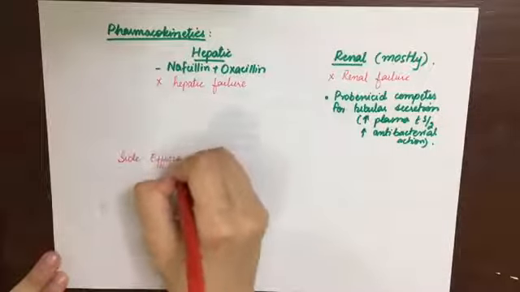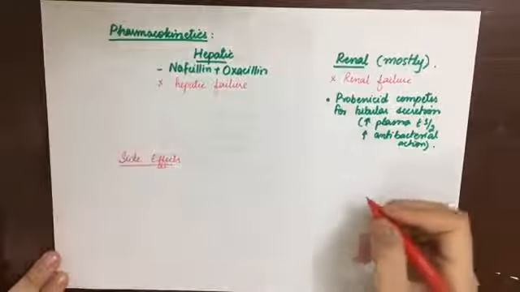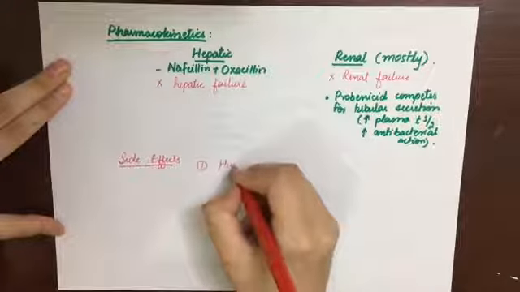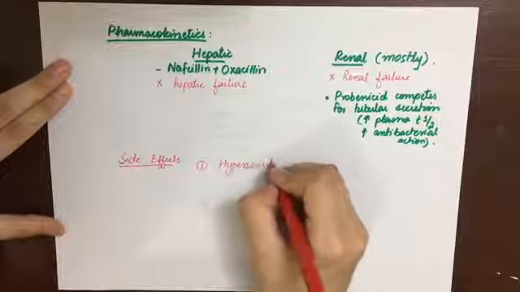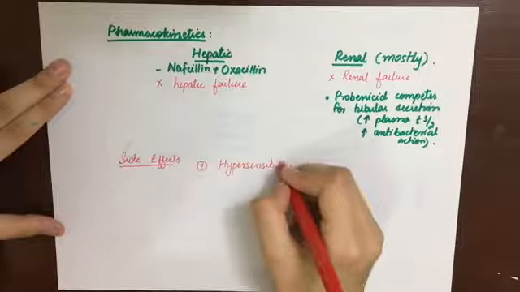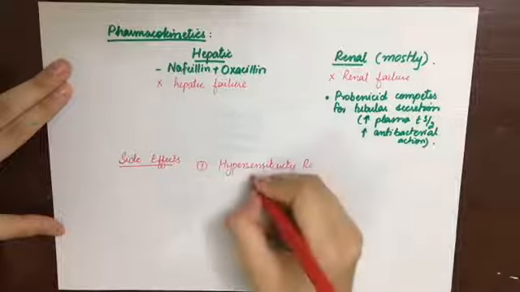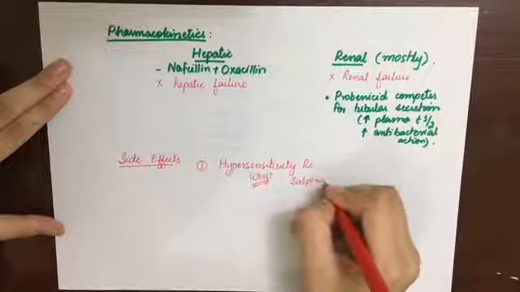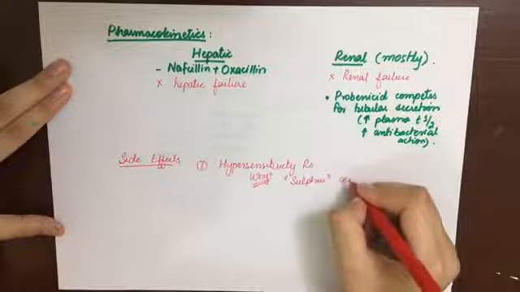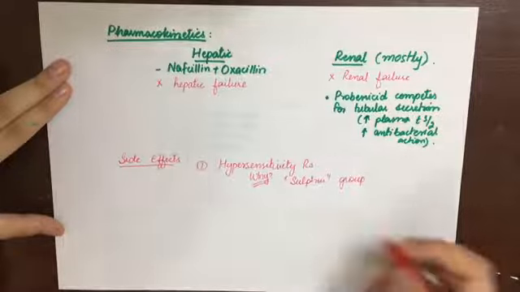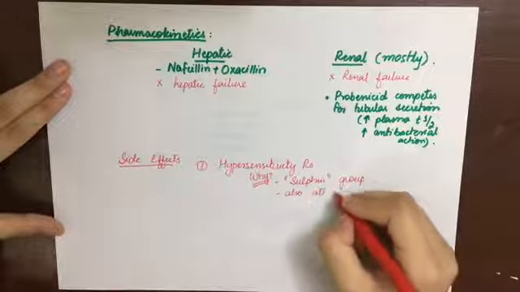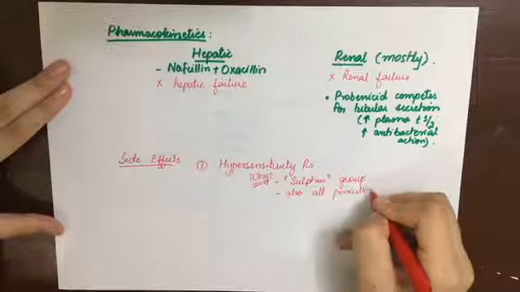Coming to the side effects of penicillins, we know that the thiazolidine ring of penicillin has a sulfur group in it, right? So anywhere where there is sulfur, it causes hypersensitivity reactions in the body. Another way of thinking about this is by remembering the fact that we do extract these penicillins from fungus. So we should be thankful that we are not having an antigenic response and just having a hypersensitivity reaction.